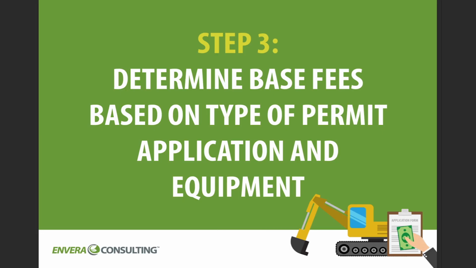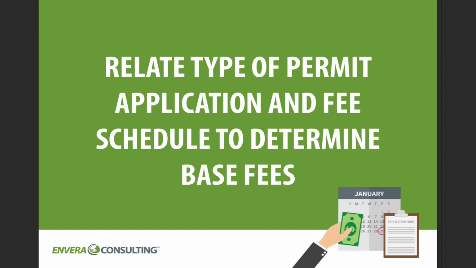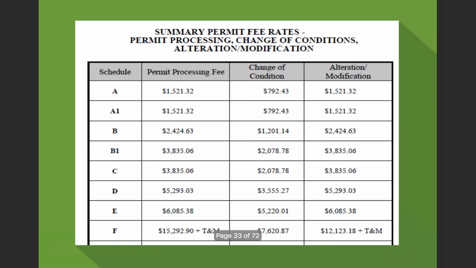And so in step 3, you'll want to determine the base fees based on the application type as well as your fee schedule. Therefore, you'll want to take the type of permit application that you're submitting, from step 1, and then take the fee schedule from Rule 301 that you determined, and then determine the base fee associated with that combination based on the correct table.